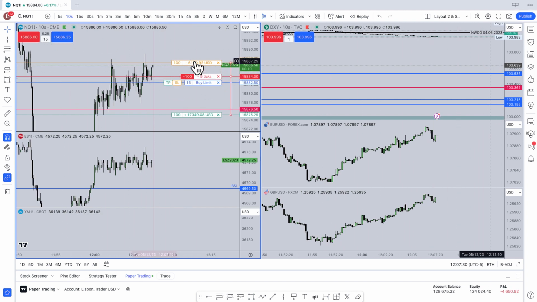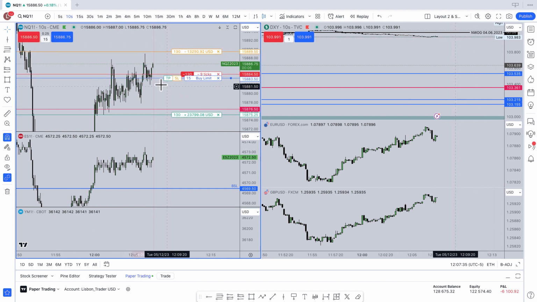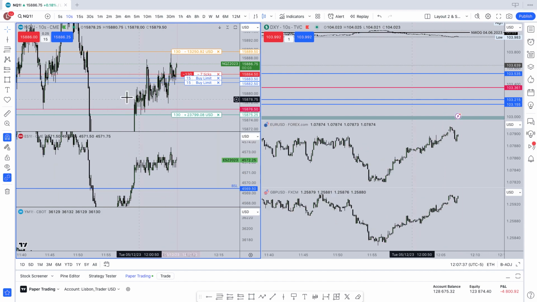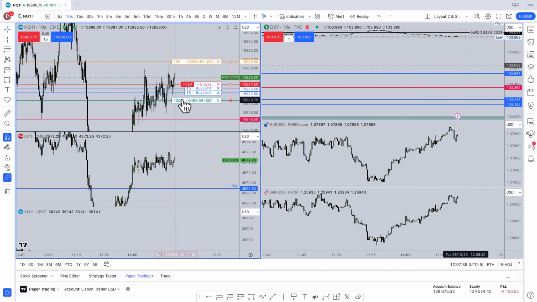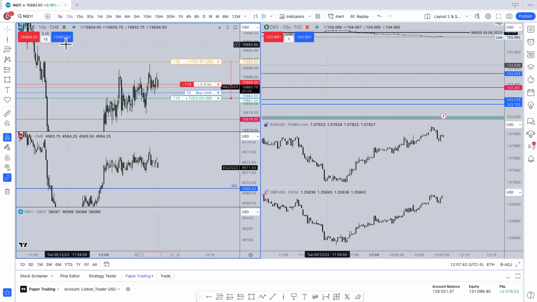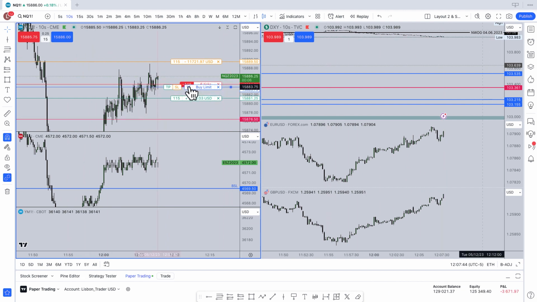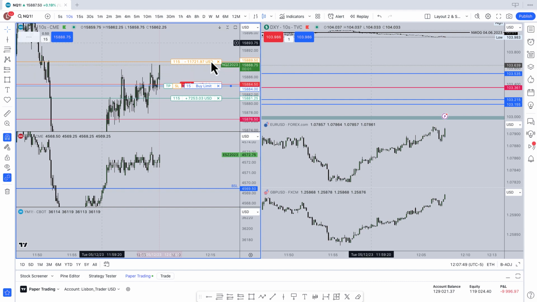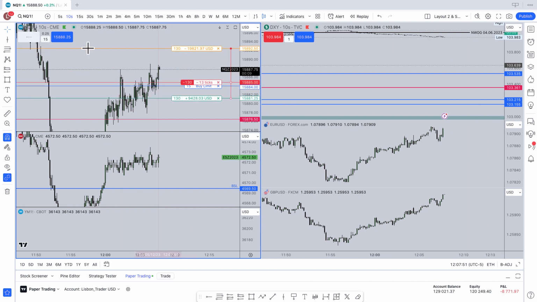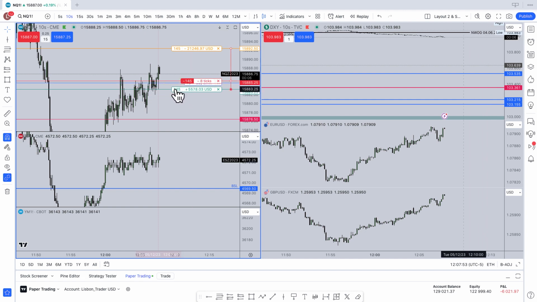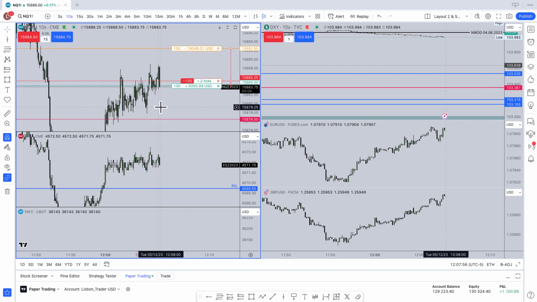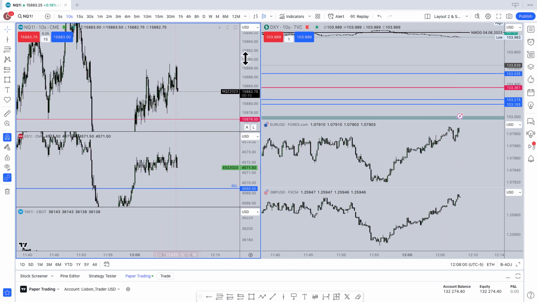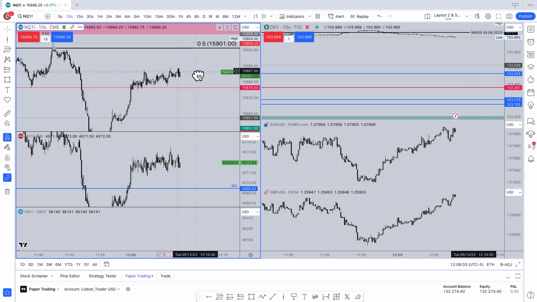Moving risk. Okay, so 132, and this ends this trade.